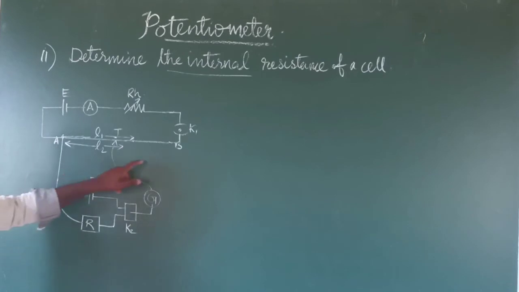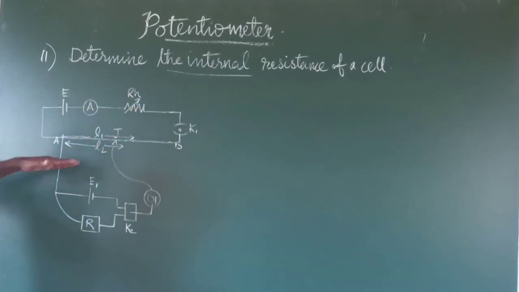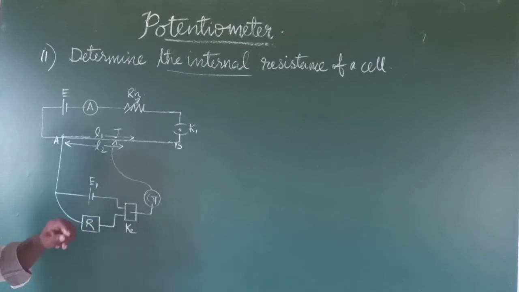So the primary circuit is as it is, and in the secondary circuit, instead of the second cell, a resistance box whose values are known is connected.